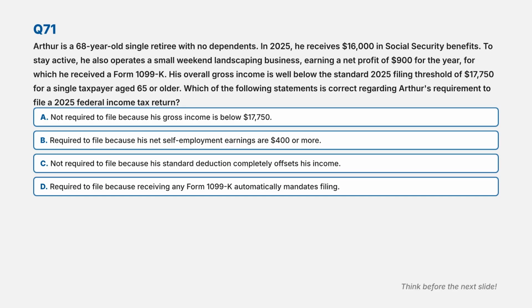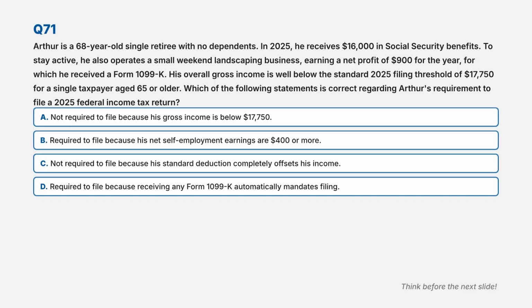Which of the following statements is correct regarding Arthur's requirement to file a 2025 federal income tax return? A. Not required to file because his gross income is below $17,750. B. Required to file because his net self-employment earnings are $400 or more.